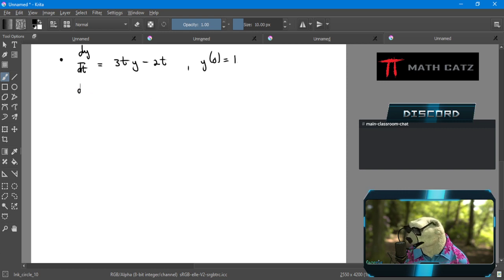So what I first have to do is factor out a t. I have to have multiplication here before I can successfully separate the variables. I also can't move this guy to the left and then say, oh, but all the y's are on the left.